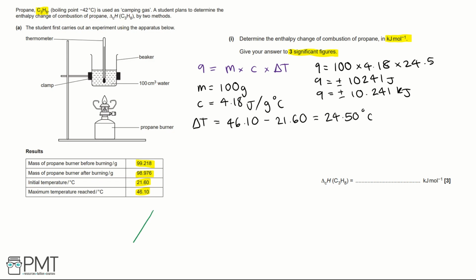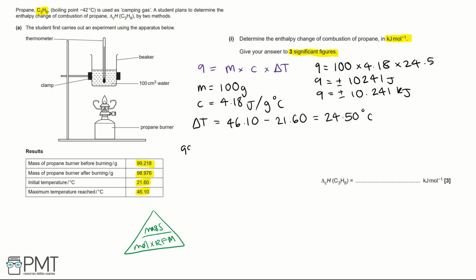The equation triangle we're going to use is that mass is equal to moles times the relative formula mass. So to work out moles, we need mass and relative formula mass, and we're going to divide them. The mass of propane we can calculate in the results table.